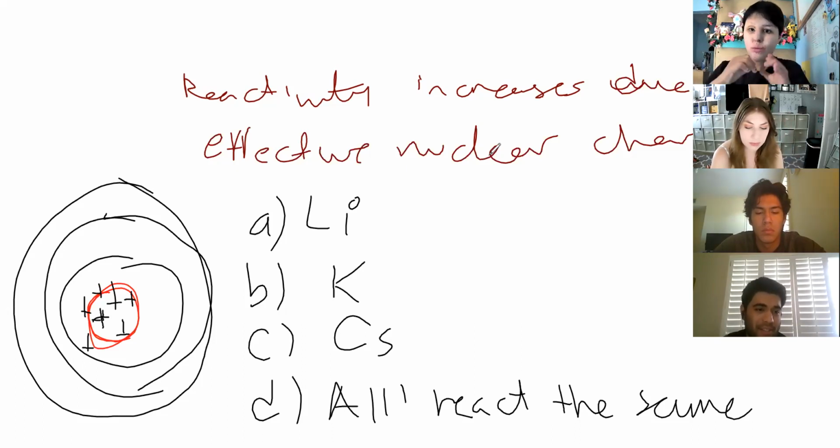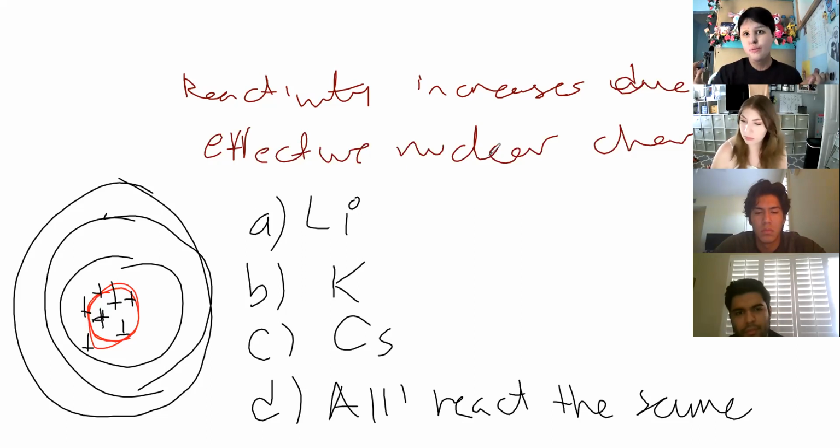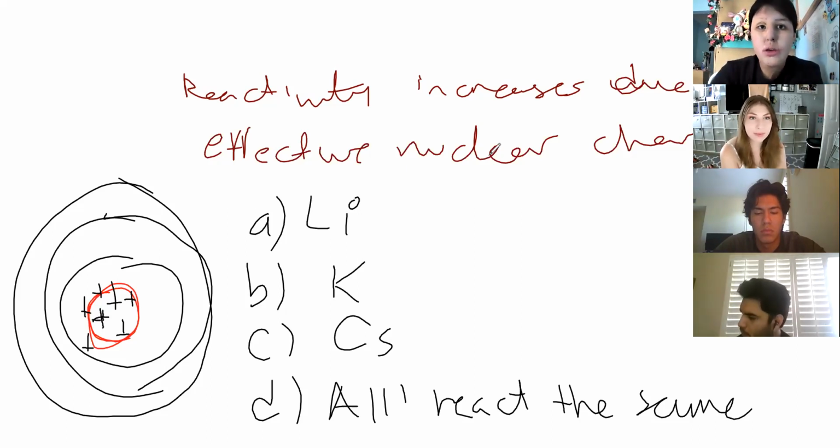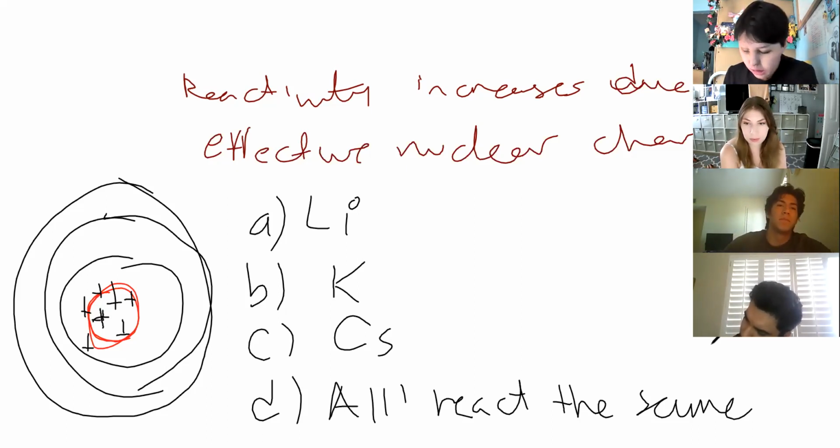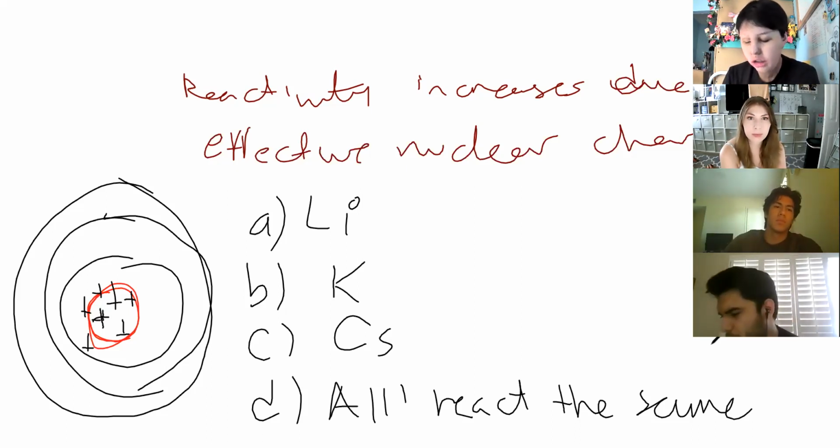It becomes more positive, right? So if you become more positive, you're able to pull more electrons, right? So reactivity increases due to the effective nuclear charge, right? According to this question, which of the following elements will react most violently with water?